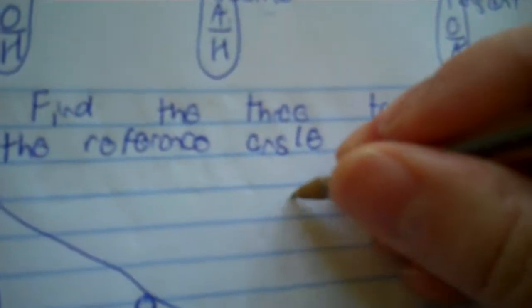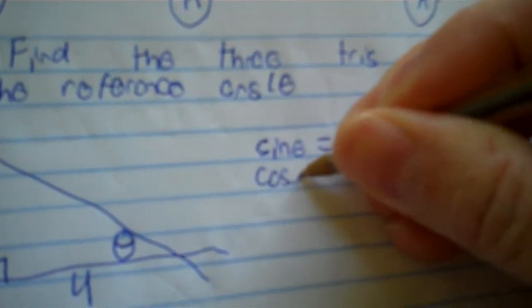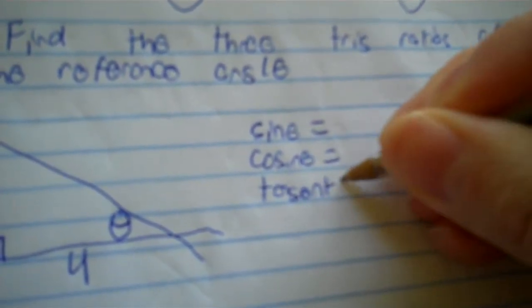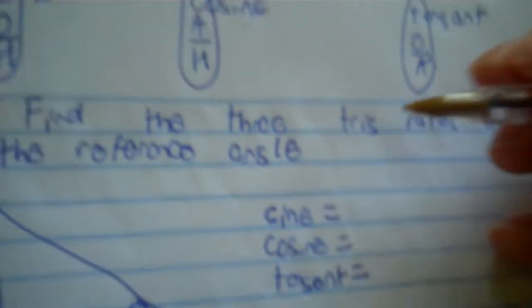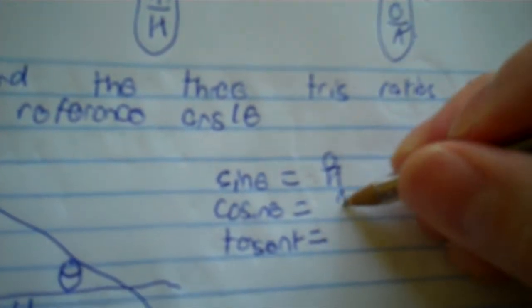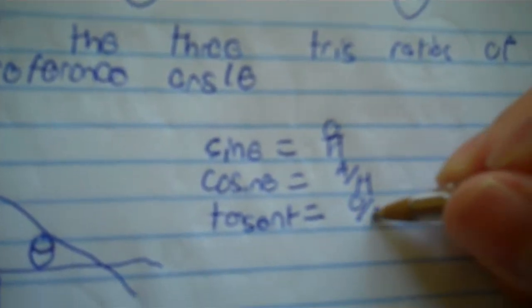Okay, so you have it drawn out, and here's what you have to do. You got to find what the sine is, what the cosine is, and what the tangent is. Remember, sine is opposite over hypotenuse. Cosine is adjacent over the hypotenuse, A over H, and the tangent's opposite over the adjacent.